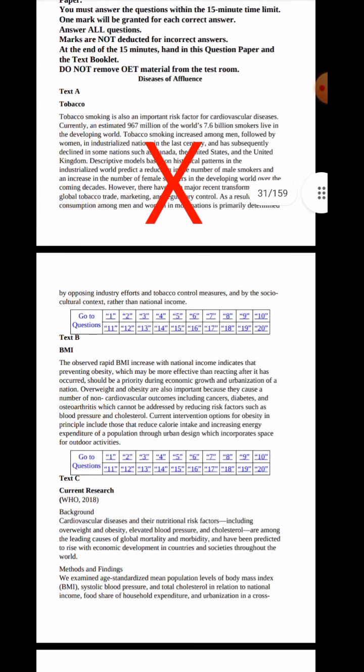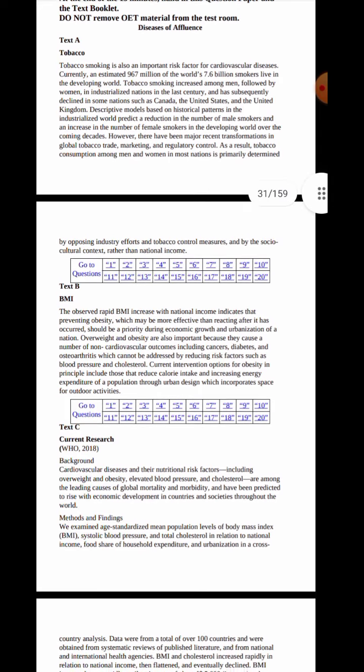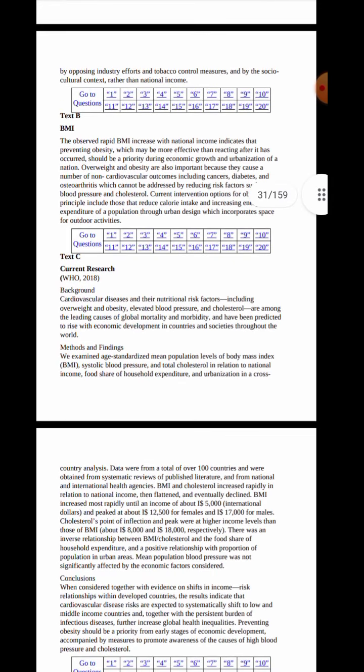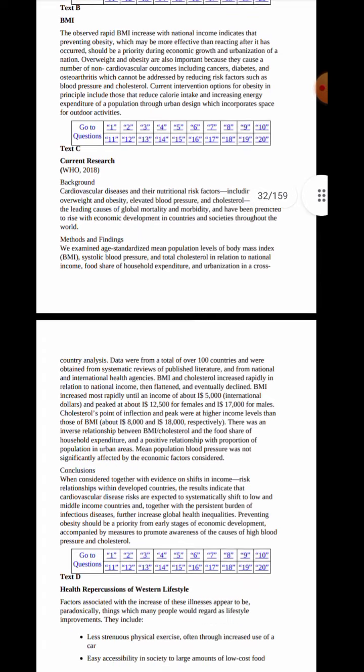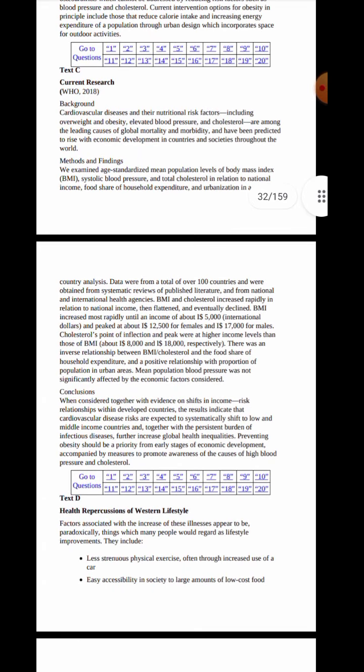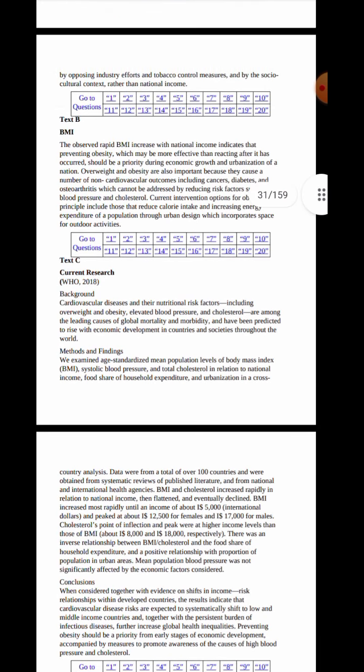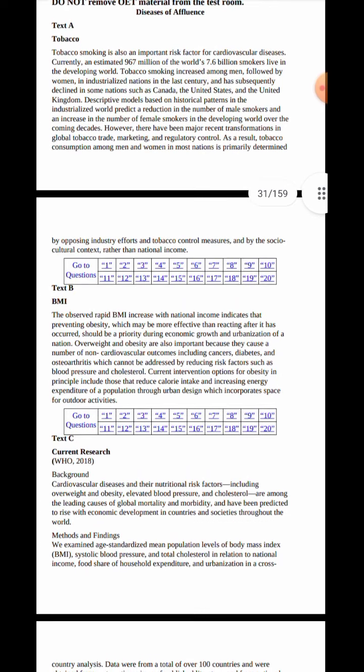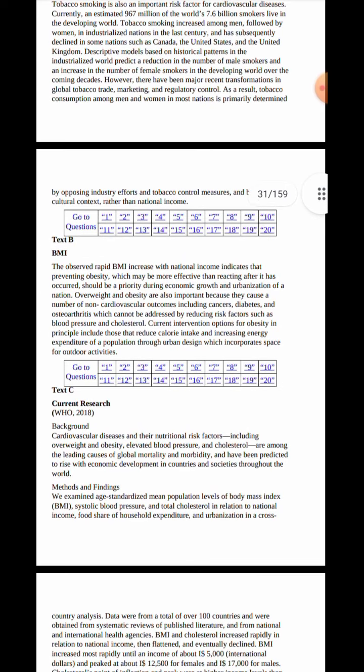Then BMI. Yeah, cholesterol is likely here. Then text C, cholesterol and morbidity. Probably there's research that has been conducted to show some relationship. Then text D, health repercussions of Western lifestyle, is also likely. So text A has been ruled out. We are left with text B, C, and D.